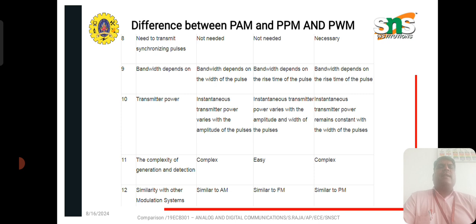For PAM it is not needed, for PWM it is also not needed, but for PPM it is needed, because in PPM the position is allowed to change, so we have to synchronize the transmitter and the receiver. Bandwidth depends on: in PAM, bandwidth depends on the width of the pulses. In PPM, bandwidth depends on the rise time of the pulses. In PWM, the bandwidth also depends on the rise time of the pulses.